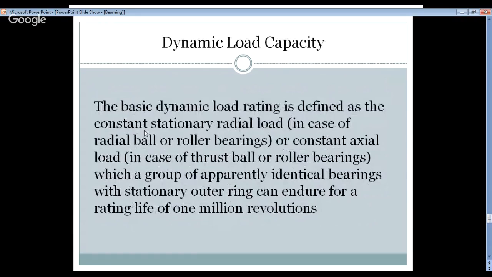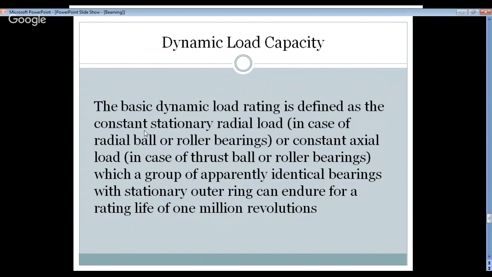The next one is dynamic load capacity, the dynamic load rating. The basic dynamic load rating is defined as the constant stationary radial load in the case of a radial ball bearing, or constant axial load in the case of a thrust bearing, which a group of apparently identical bearings with stationary outer ring can endure for a rated life of 1 million revolutions.